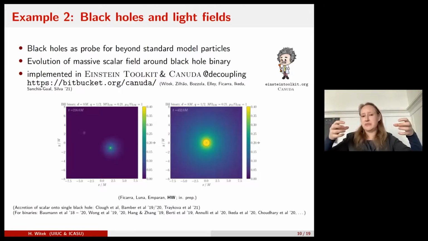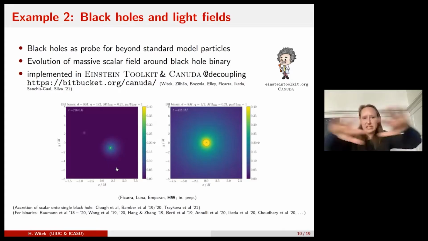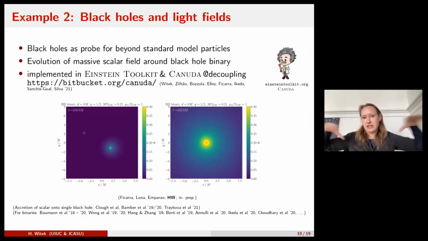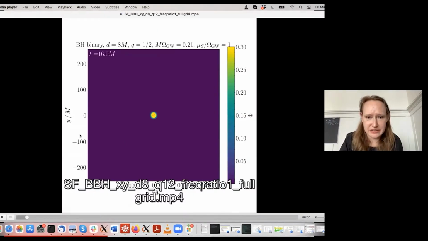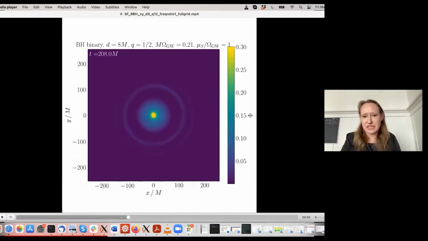We chose a binary that has a mass ratio of 1:2, and the situation is such that we have a joint, so a common scalar field configuration, which is spherically symmetric, that encompasses both black holes. So let's have a look how this looks during the evolution. What you're seeing here is the equatorial plane and the evolution of the scalar field.